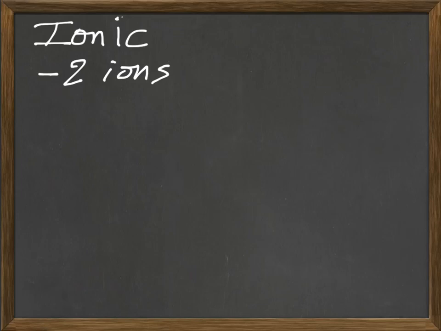So let's talk about the ionic compounds, because we really have to have a grasp of the ionic compounds before we can deal with acids. So ionic compounds always have two ions.